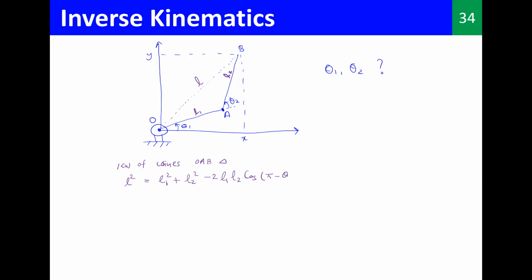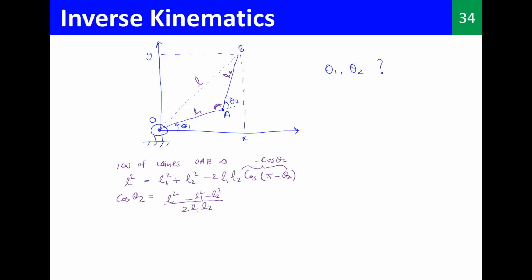Phi minus theta 2, this angle we are talking about. So this is cos minus cos theta 2. Therefore, cos theta 2 is equal to L squared minus L1 squared minus L2 squared, whole thing divided by 2 L1 L2.